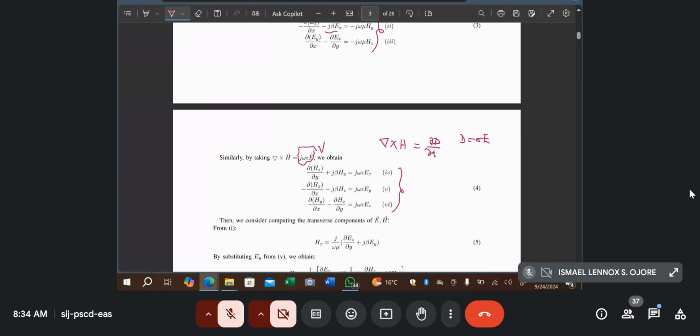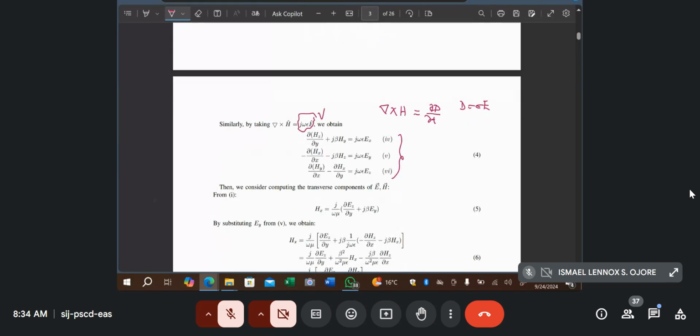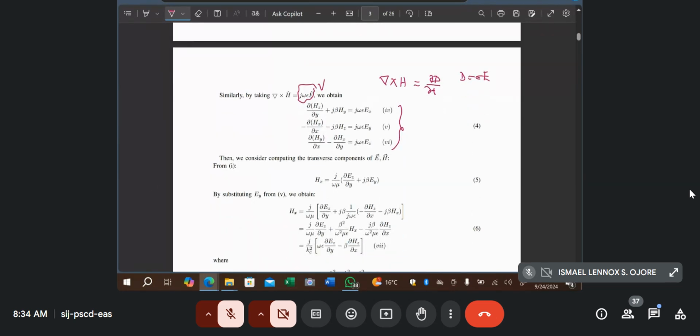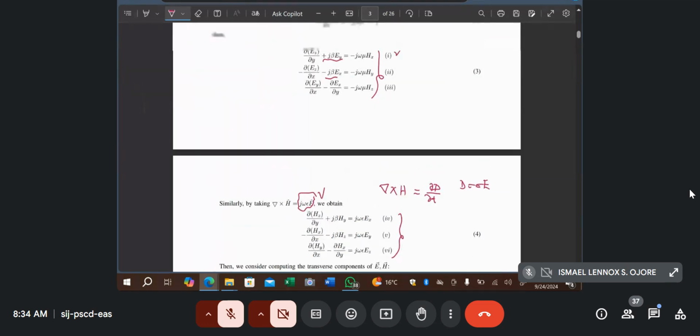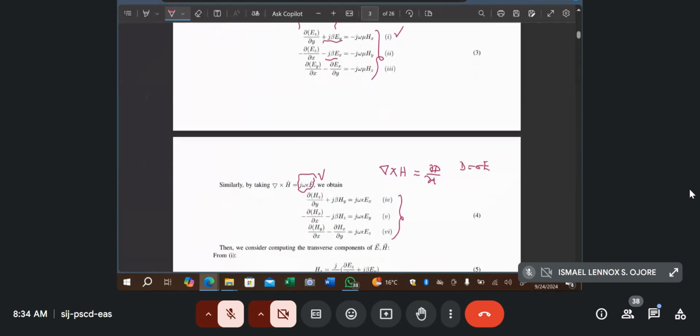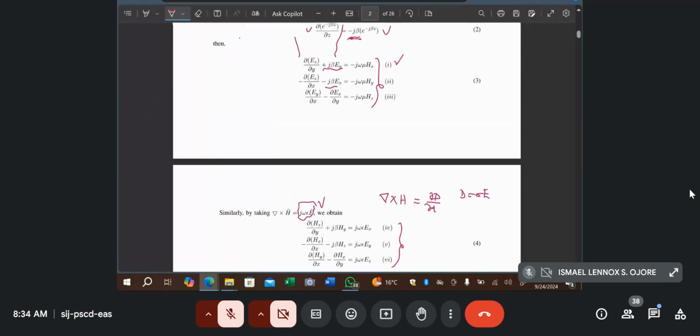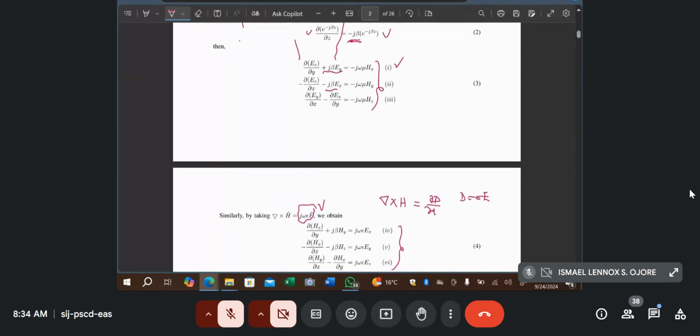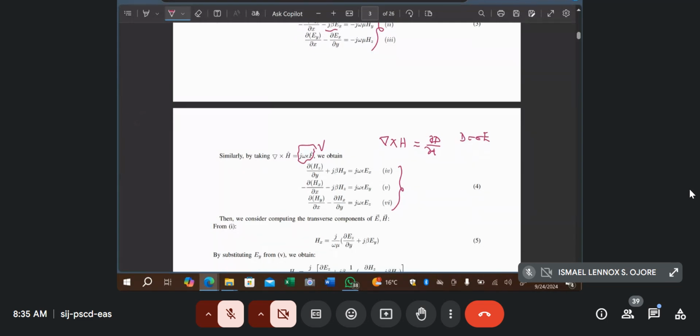Then you can consider computing the transverse components only of E and H. For example, here from the first one, we have dEz over dy, because what we want here is to get the transverse component Hx from 1. So what will we do?